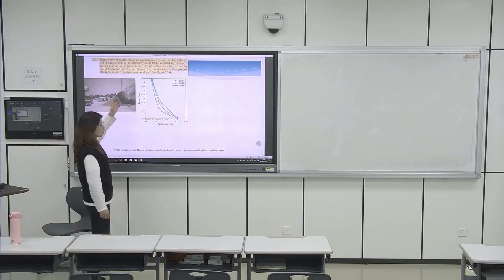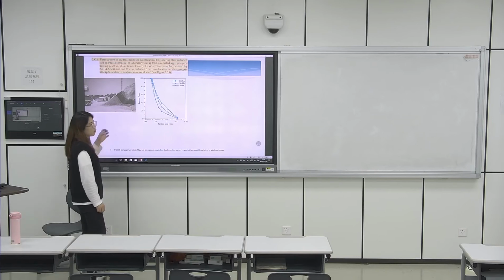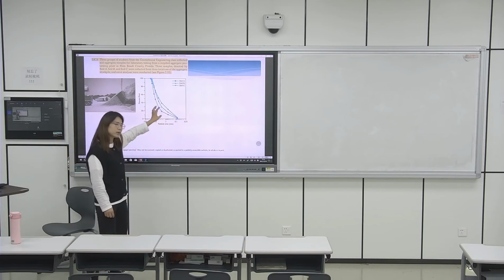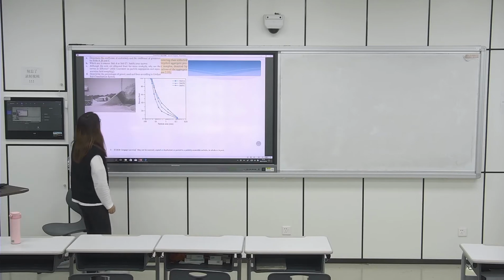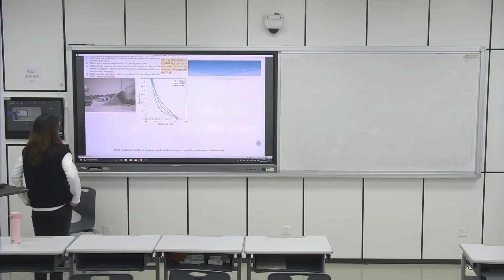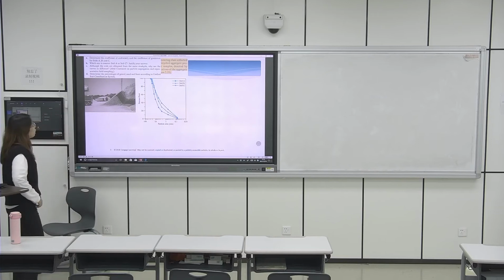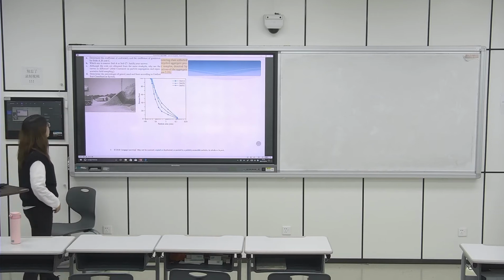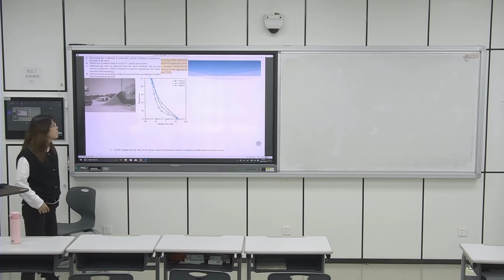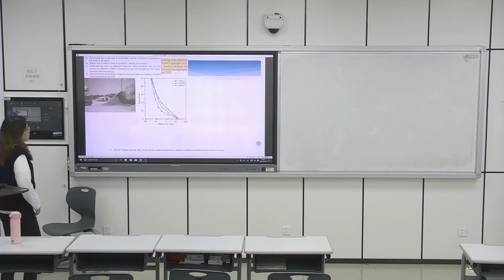So the three different students got the sample from those piles, and then did the sieve analysis and got the particle size distribution. It's like this. It asks you first to determine the coefficient of uniformity and coefficient of gradation for soil A, B, and C. That is Cc and Cu for soil A, B, and C. And then, based on Cc and Cu, it asks which one is coarser, soil A or soil C, and to justify your answer.